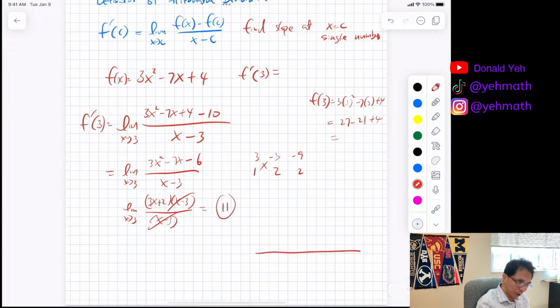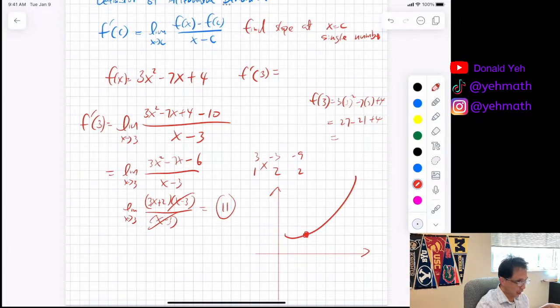In terms of graphing, this formula looks like this. Say there's a function like this. And this is a point of interest, which we'll call c. And this is f of x. This coordinate is c comma f of c.